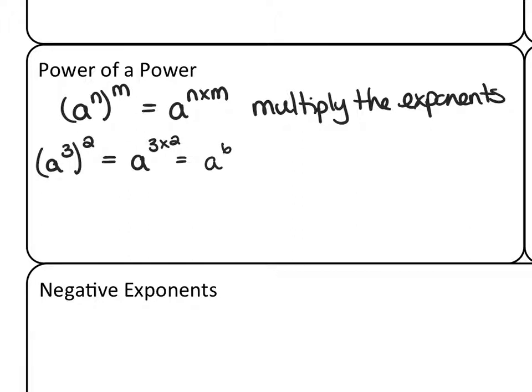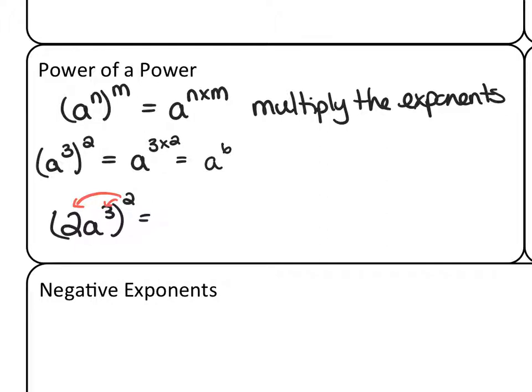Now, one of the extensions of this is, let's say we have a value in front of there. So instead we have 2a to the 3 squared. Now, when you have something like this, you want to be careful because it's in brackets, that exponent is applied to both values.